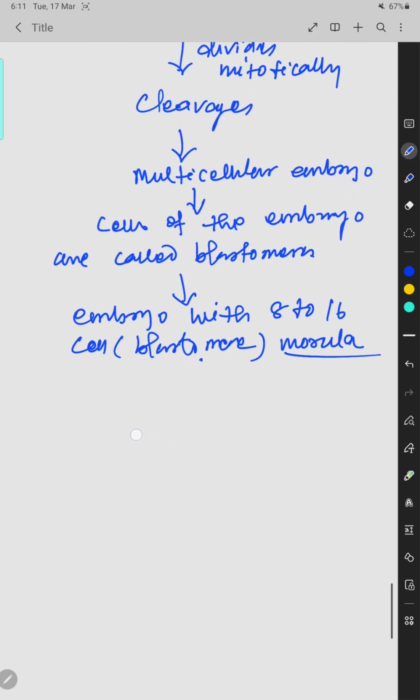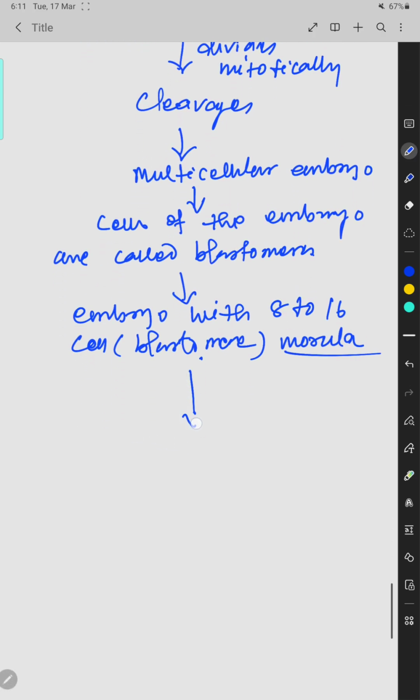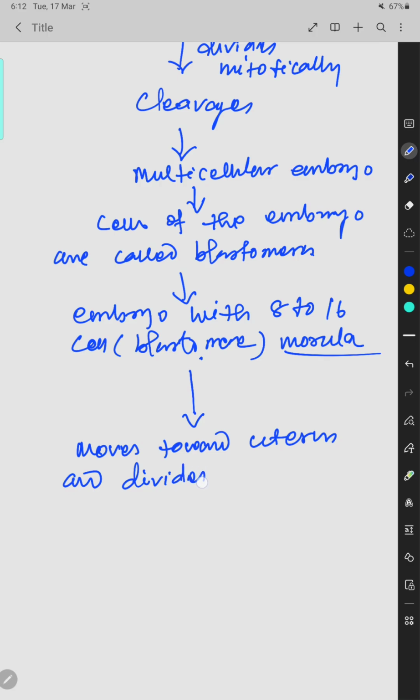Now this morula starts moving towards the uterus and divides to form blastocyst.